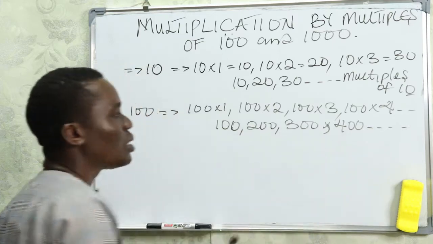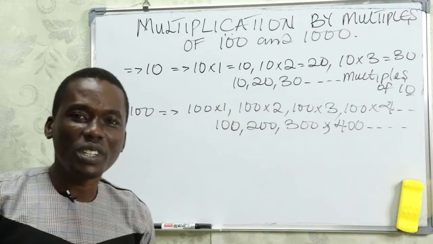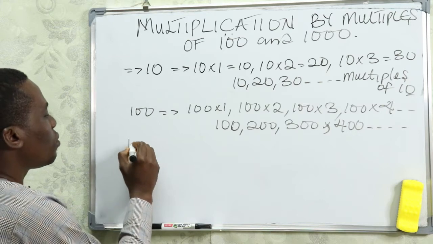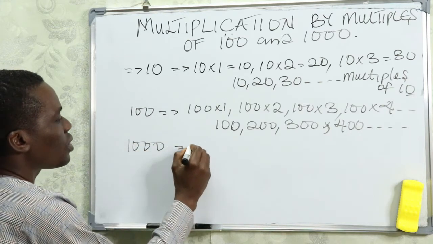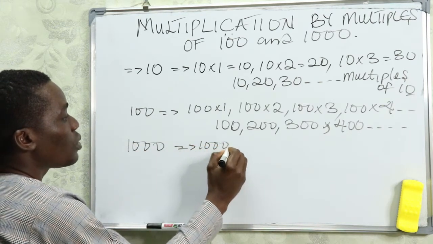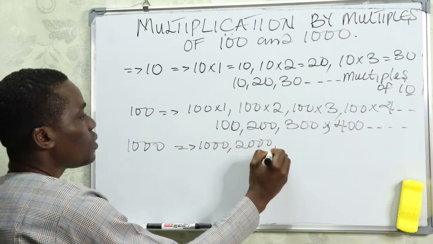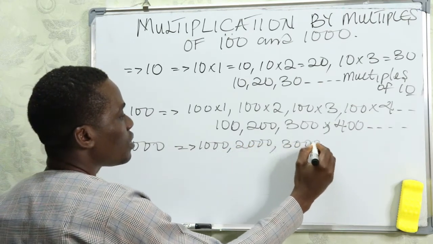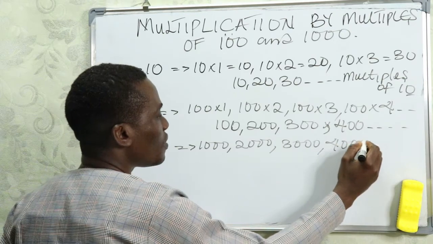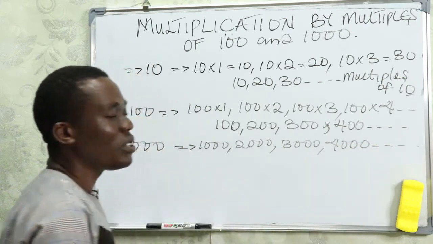All these are multiples of 100. The same thing goes with multiples of 1000, and that will be 1000, 2000, 3000, 4000, and on and on.